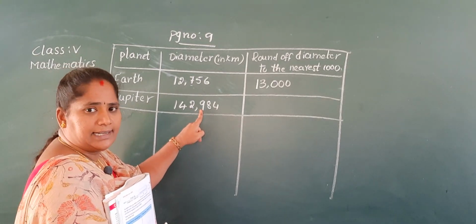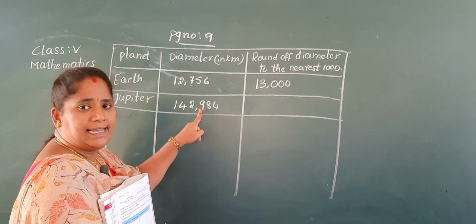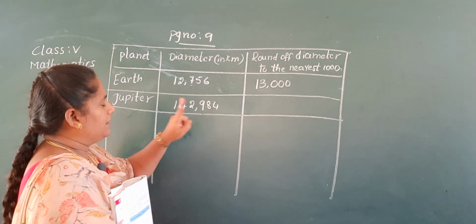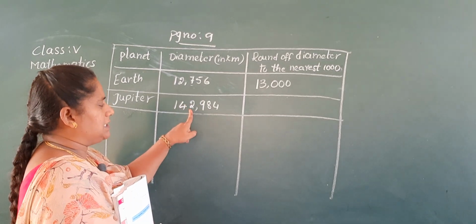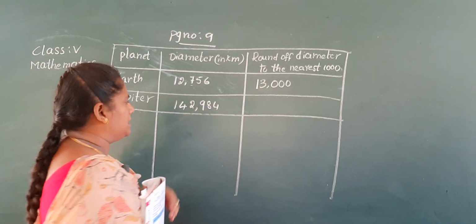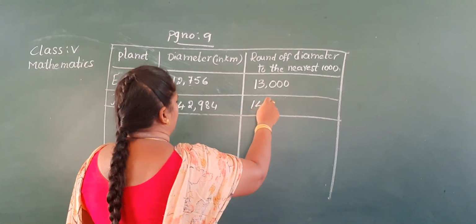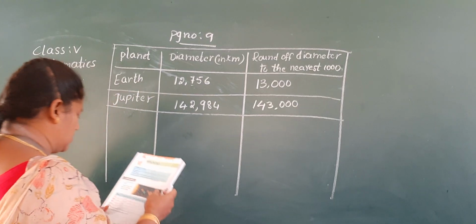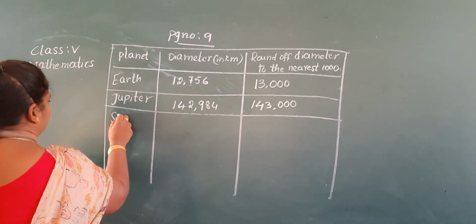What's the digit at the hundreds place? 9. 9 is greater than 5, so this number is rounded up. That means you add 1 to the thousands place and keep 0 at the hundreds, tens and ones places. So this is 143,000.